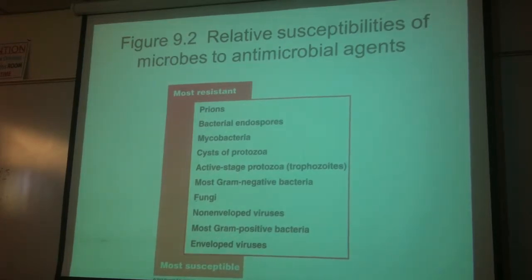Why is the gram-positive bacteria more susceptible if it has a thicker cell wall? Different kind of cell wall. Actually, I do know, because most antimicrobials are targeted to stop that. We'll get to that, because of how that linkage is.